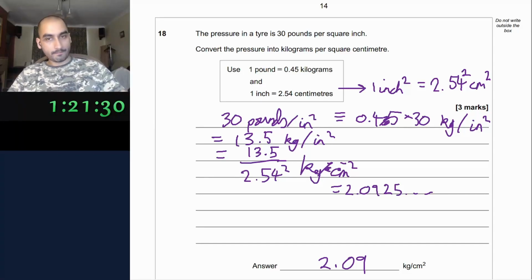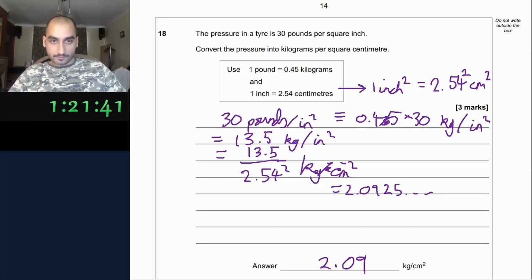Okay, so we start with 30, multiply by 0.45 to get kilograms, 13.5 kilograms. Then we divide by 2.54.